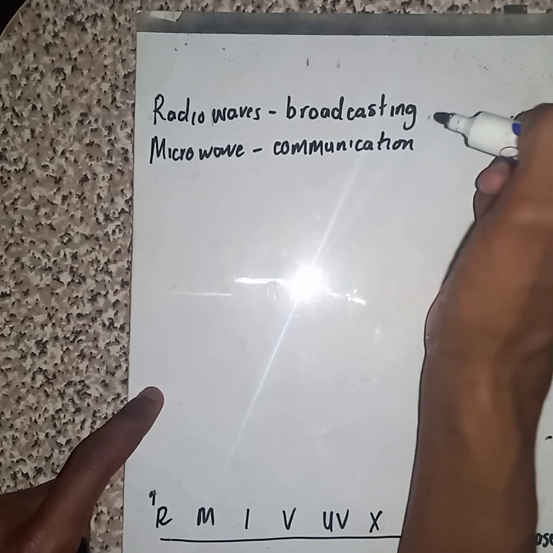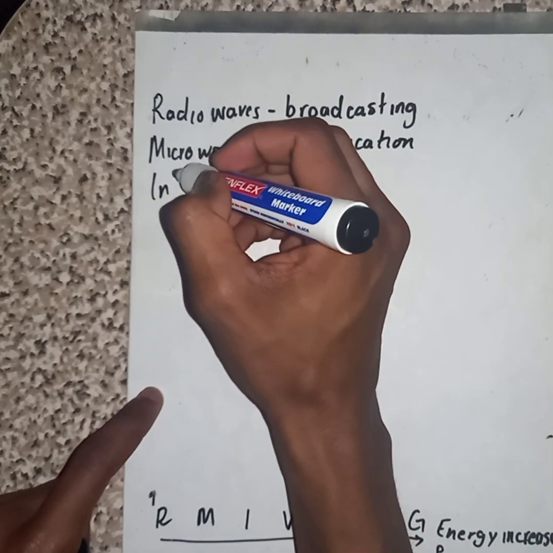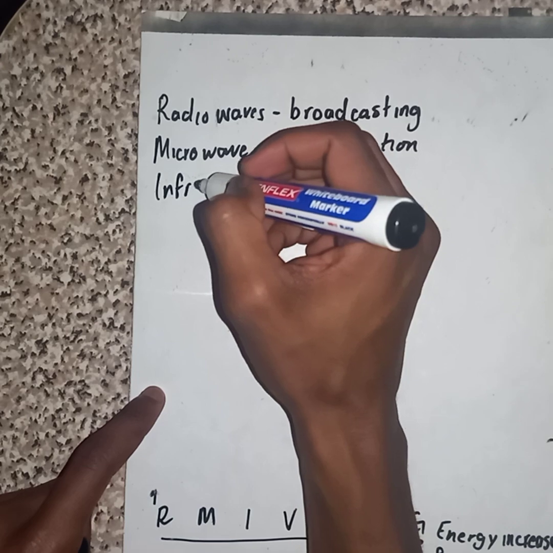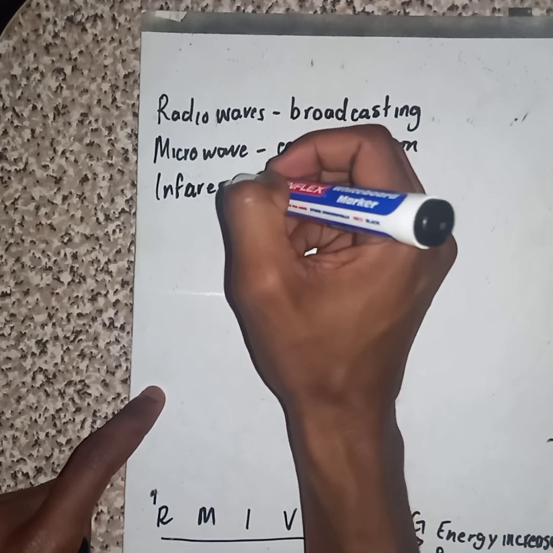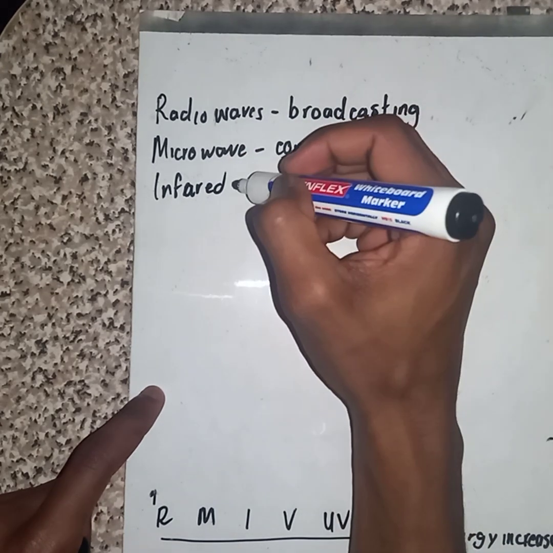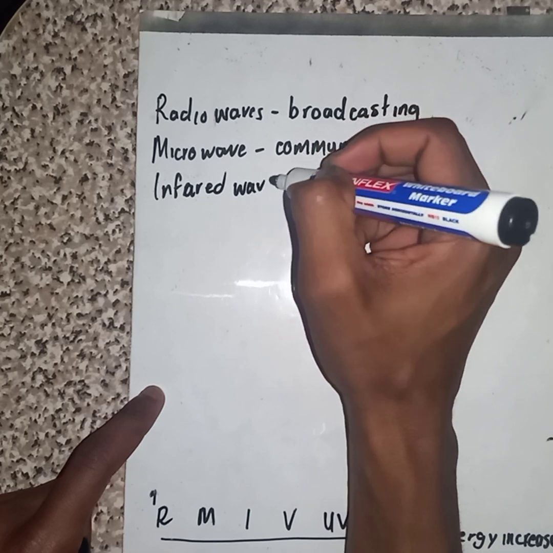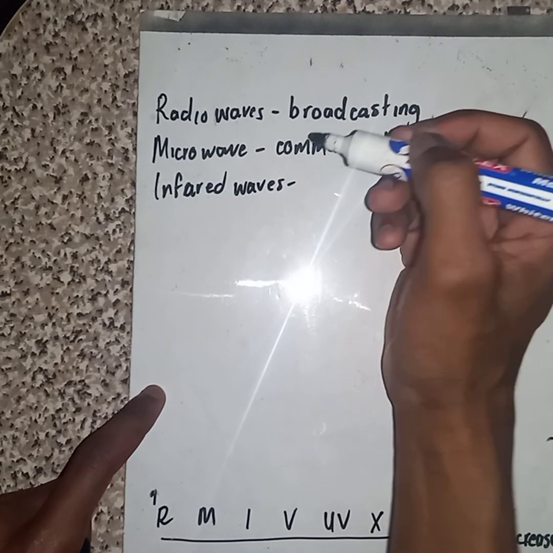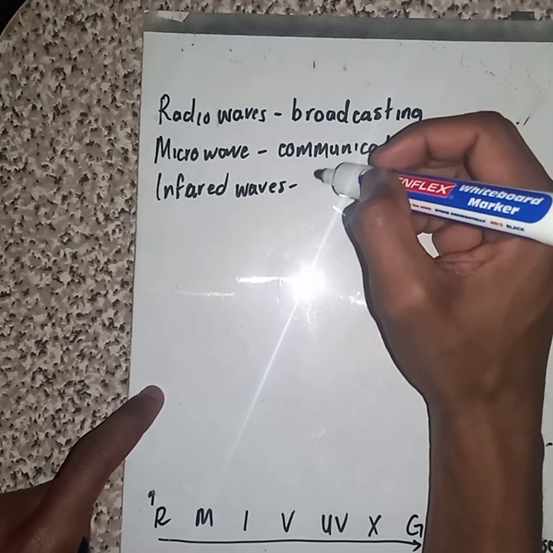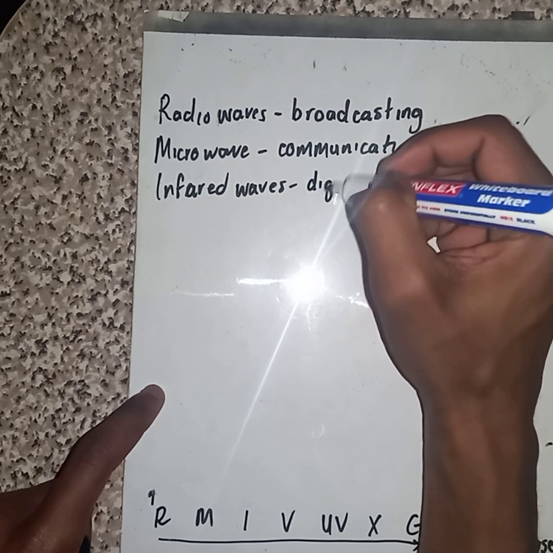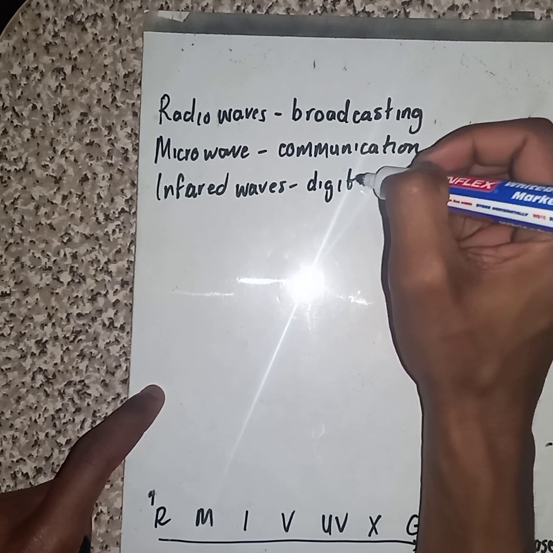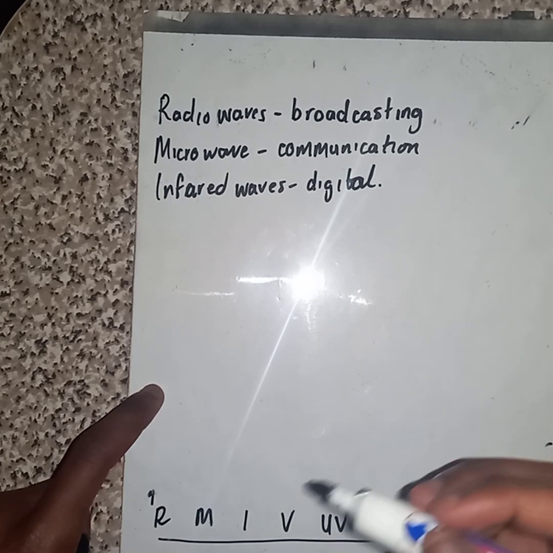We also have infrared waves. Those are used for digitals in our computers.